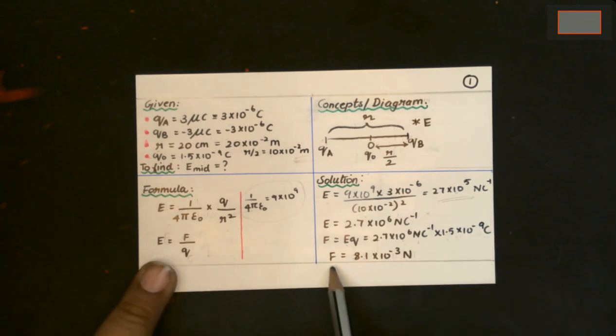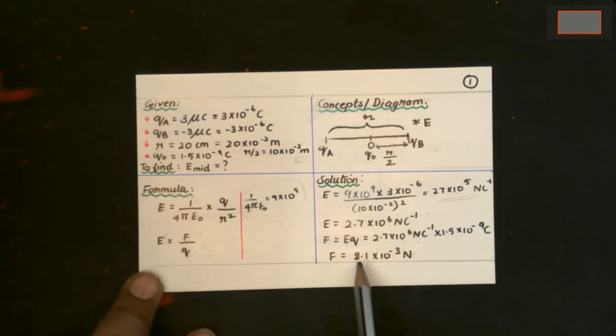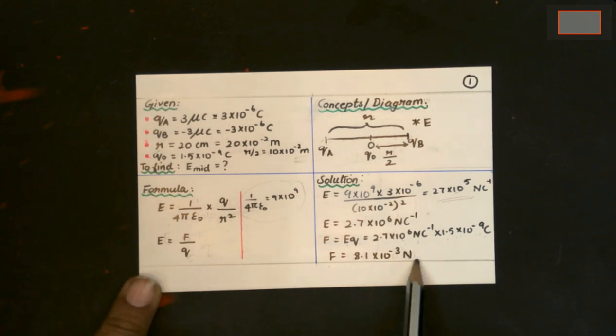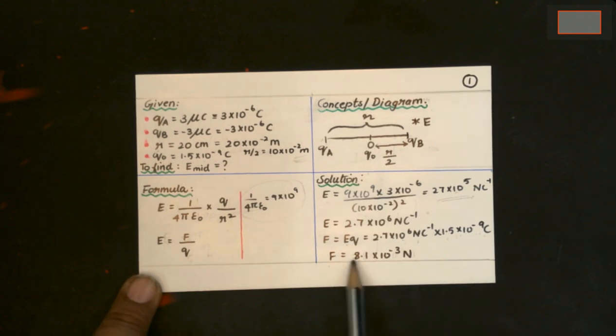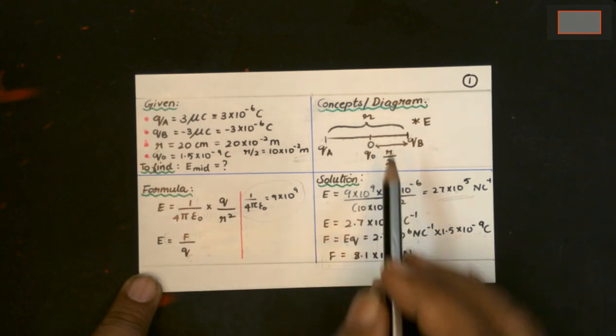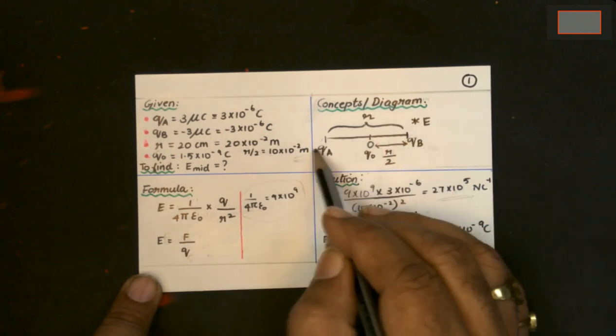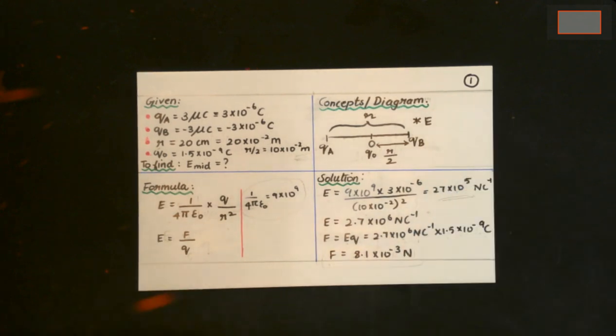So it results F equal to 8.1 into 10 power minus 3 Newton. So once you are able to find out this F, now we can find out the electric field also. Okay, so this is the force of interaction between QA and QB.